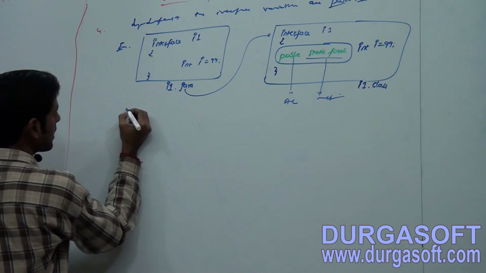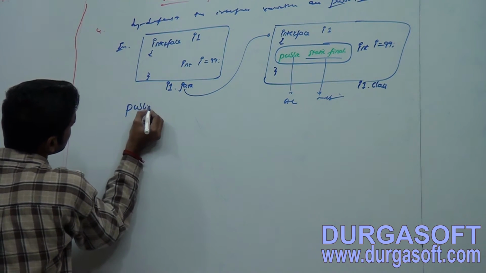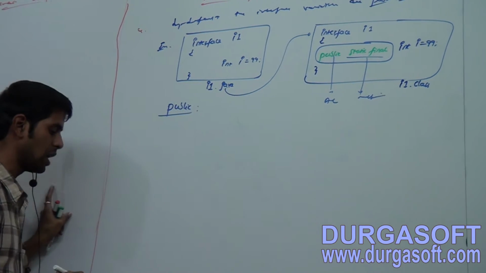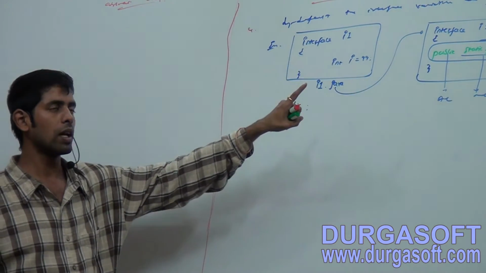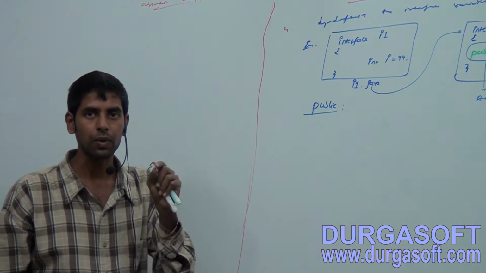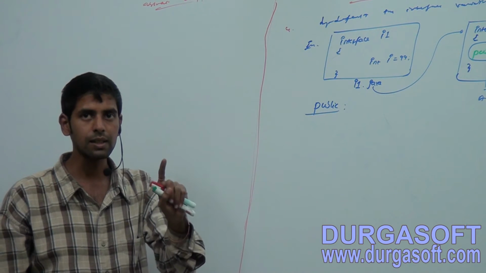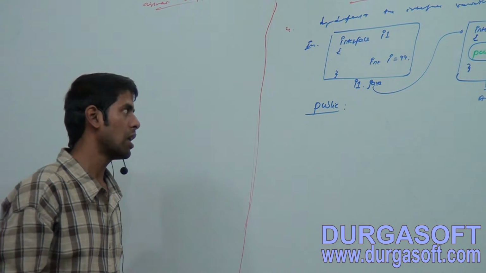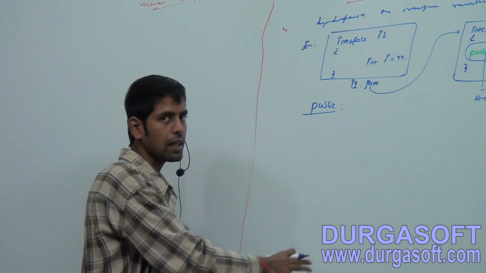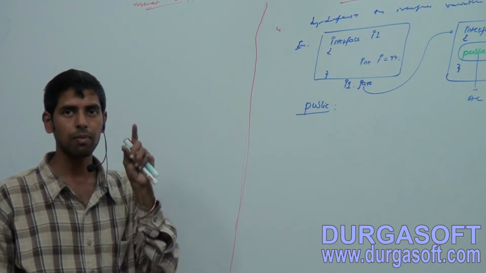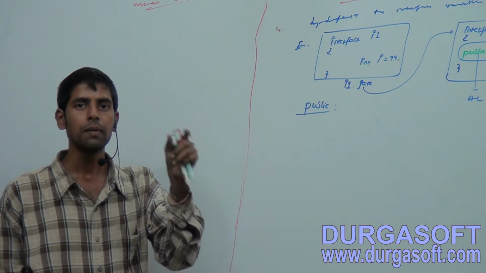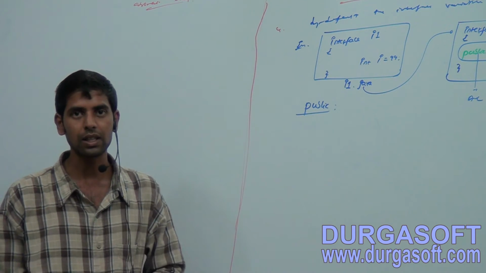Now why is that one public? Simple thing. Why is that particular variable within the interface public? In order to access it from outside the package by all the interface implementation classes.